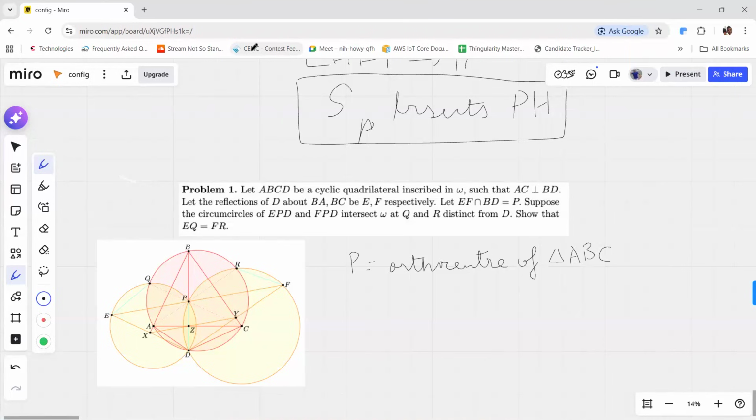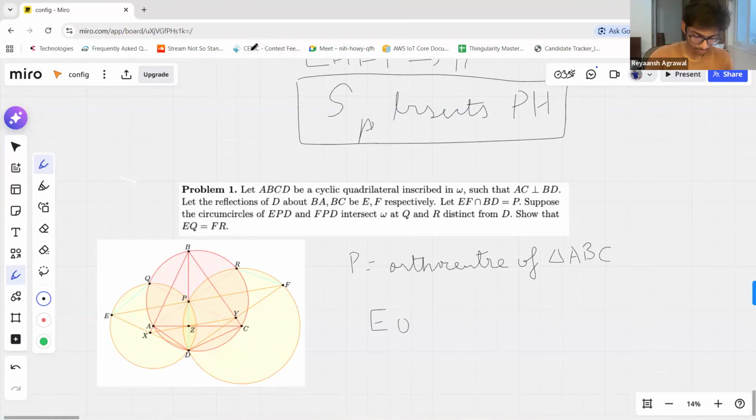But P is the orthocenter, so it's got to be Q. So EQ equals PD, and PD is similarly equal to RF. And so we're done.